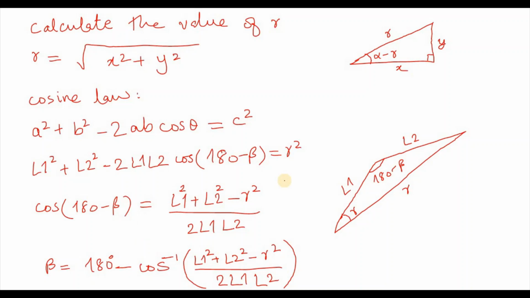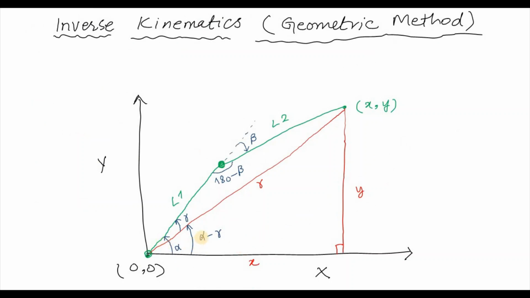So now we have calculated angle beta, this angle. We now want to calculate angle gamma, because finally we want to calculate angle alpha, and angle alpha can be calculated once we have this angle gamma.